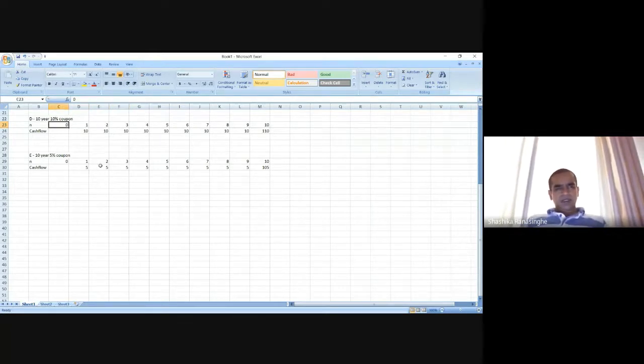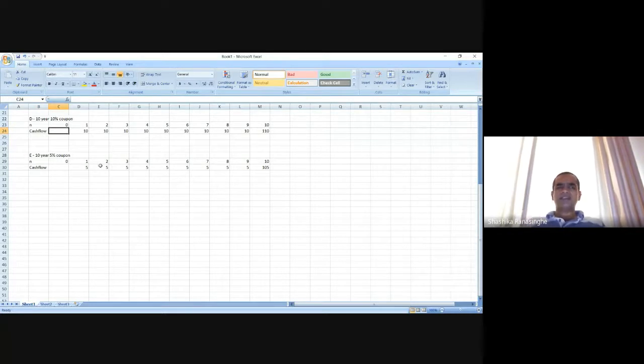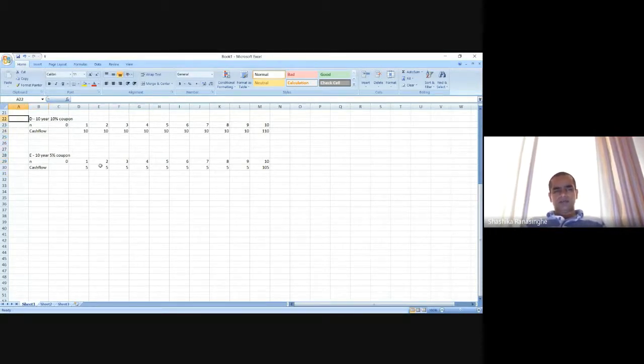Now, duration is something similar. It means how long do you take to cover your initial investment, right? Your initial investment is the price you pay for these bonds, no? You pay a certain price and buy the bond, so that is your investment. Now, out of these two bonds, which one do you think will help you recover the investment faster? D or E?